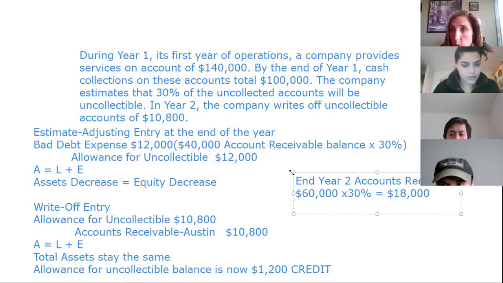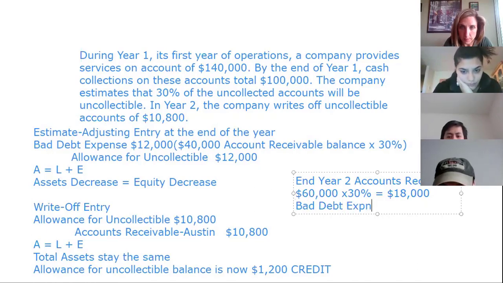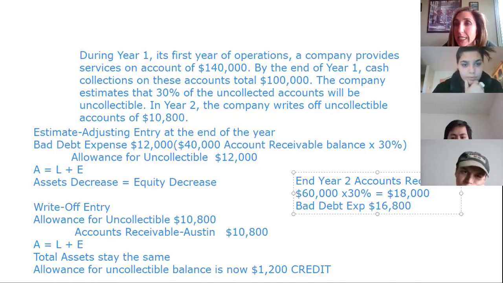We are not going to record $18,000 on the adjusting entry. We are going to record bad debt expense for $16,800. Why? Because the $18,000 is what we want the allowance account to end up being.